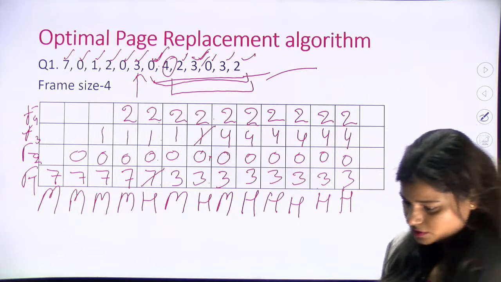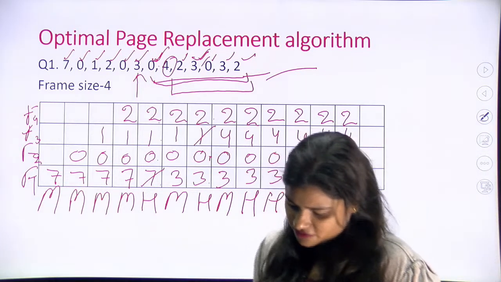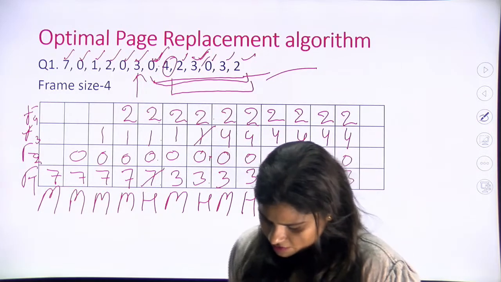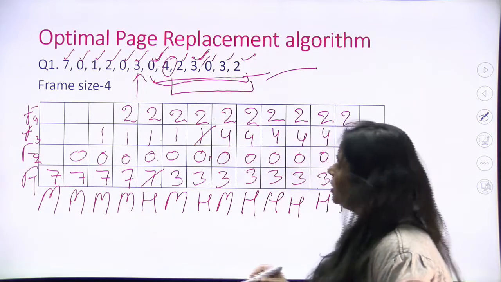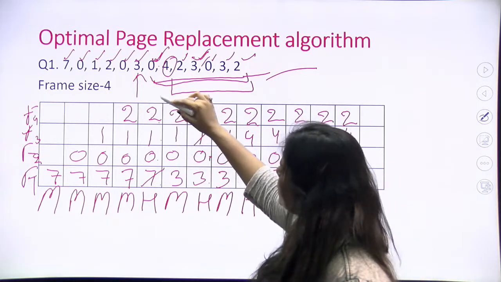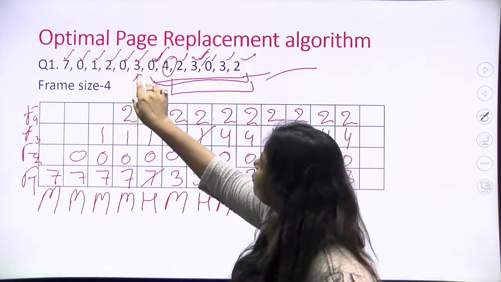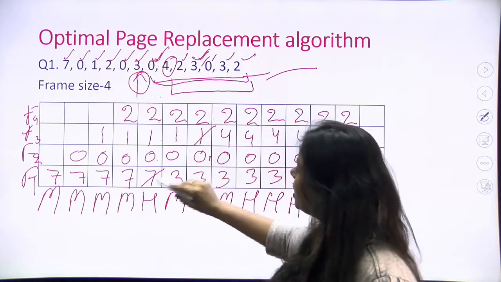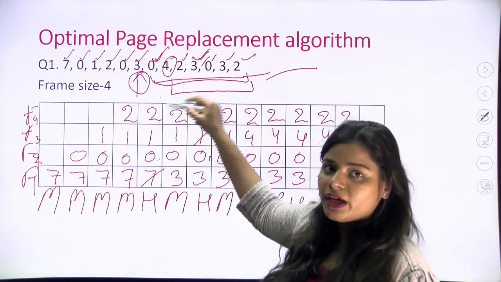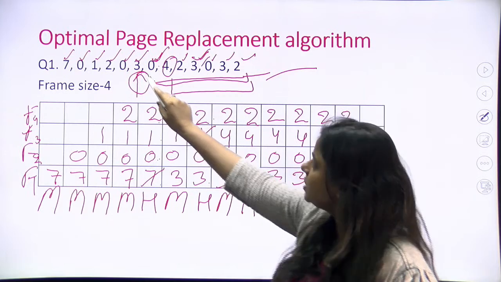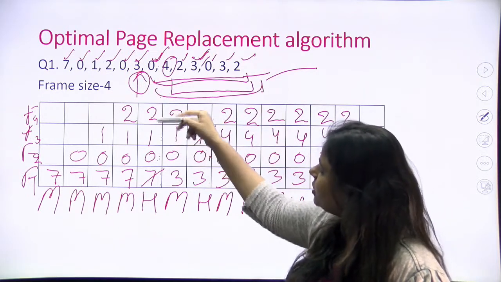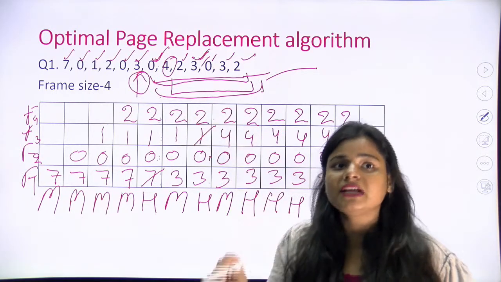First in, first out. Yes, Piyush, out of 7 and 1 we could have replaced either of them, or the one which came first. Piyush, you are discussing this situation 7, 0, 1, 2. In this situation we just needed to replace 3. So we have to decide whether to replace 7, 0, 1 or 2. In this scenario we have seen after 3 in future, among 7, 0, 1, 2, which page is coming at last.